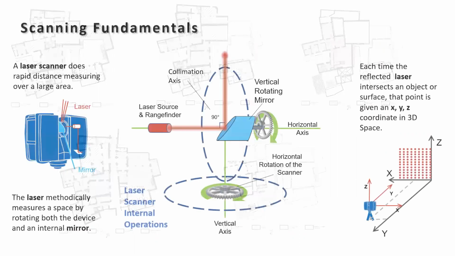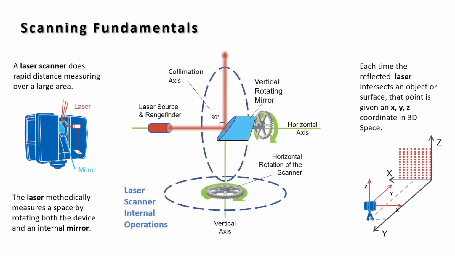Okay, the next one. So this is how it works. This is the laser scan. It's shooting a laser from here. The mirror is spinning. It's creating a plane.